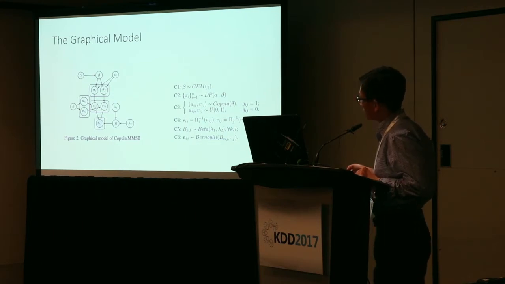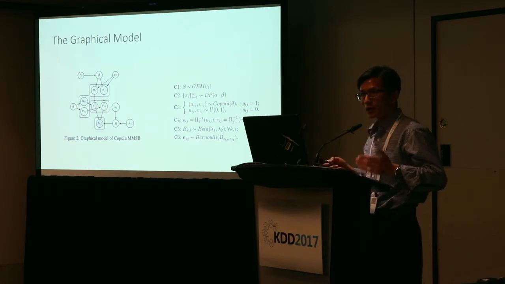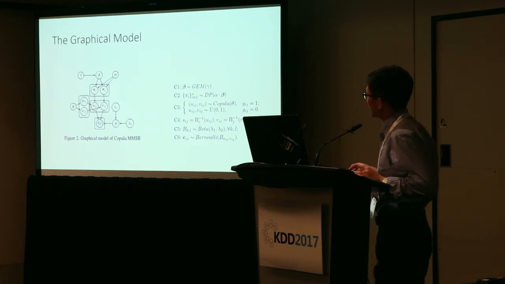In our case, what we did is change this model and assume that nodes i and j, their connection and the sender and the receiver, are somehow correlated, and that correlation can be described by this copula.